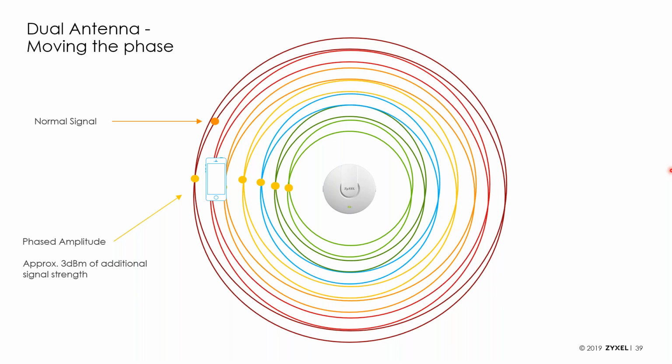The other issue with beamforming is that when the client starts moving, or there are a lot of clients on the same AP, it has much difficulty keeping up with these moving clients and adjusting accordingly. So in a static environment, this is an okay technology.